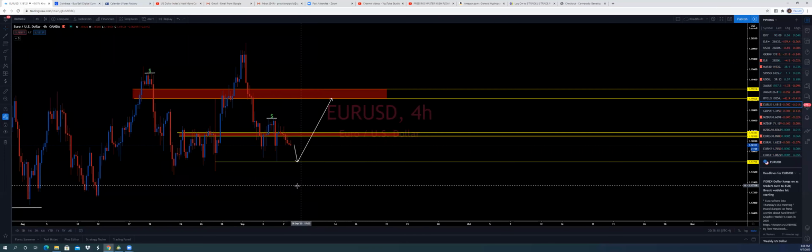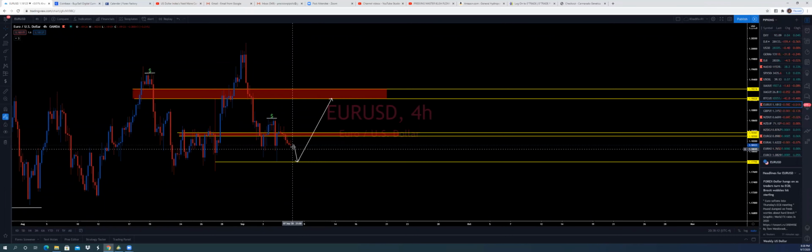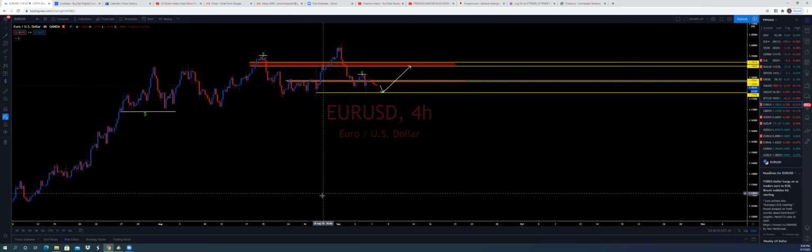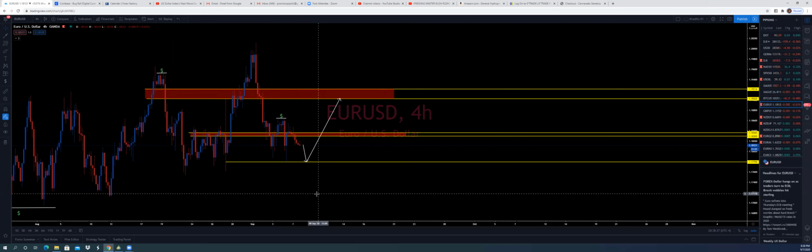So I'll be looking out for that to start the week out. We may start the week off selling Euro USD, and we could end the week off buying Euro USD. So it all depends on what the market shows us, and how the fundamentals, which is the news, affect the market as well.